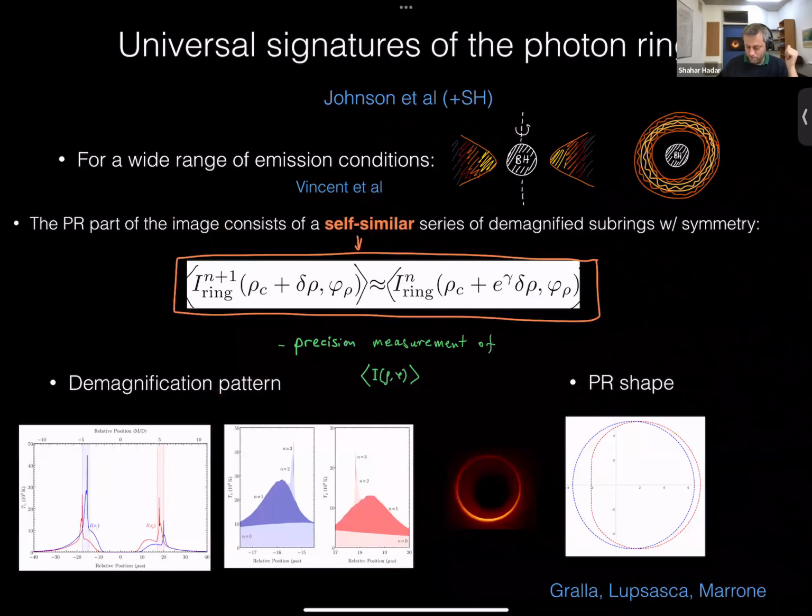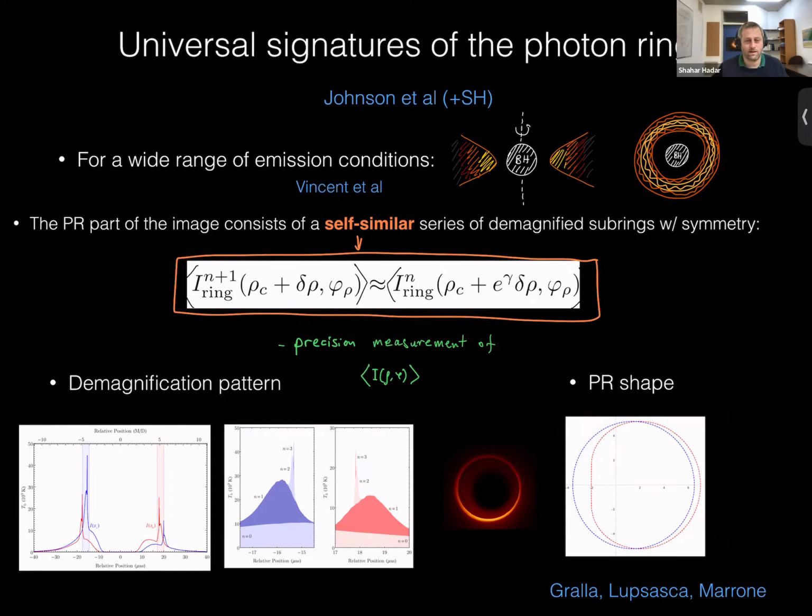All right, in a paper by Johnson, Lupsasca et al., together with Dan, we looked at these universal signatures in time averaged images.